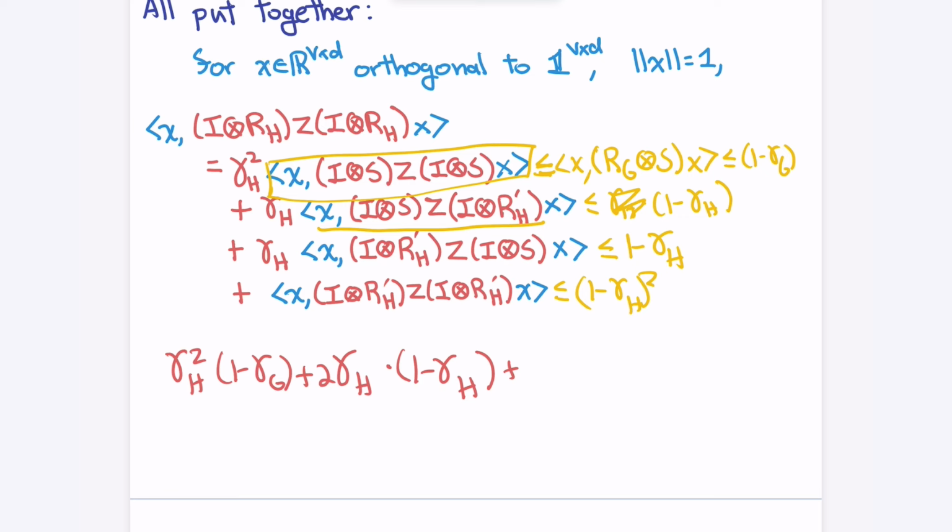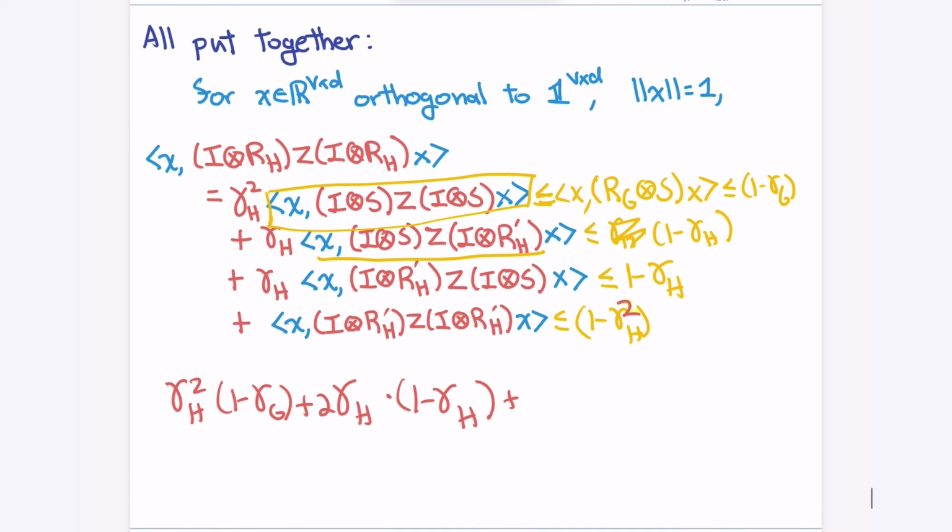oh, should the square be inside? Because we should be looking at the second eigenvalue of this, which should be mu2 squared or mu n squared, right? So it'll be 1 minus, good question.